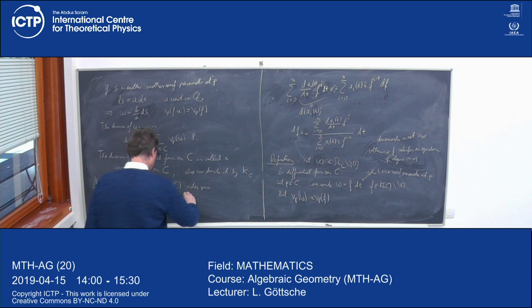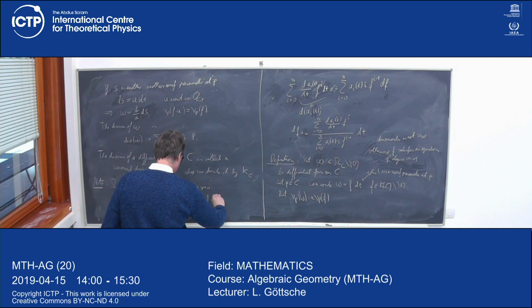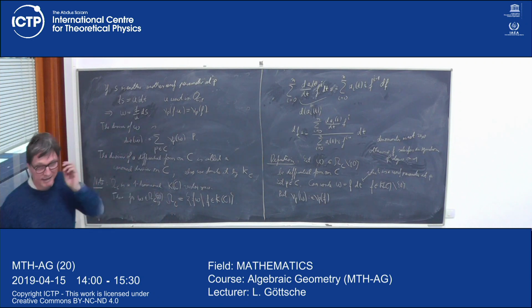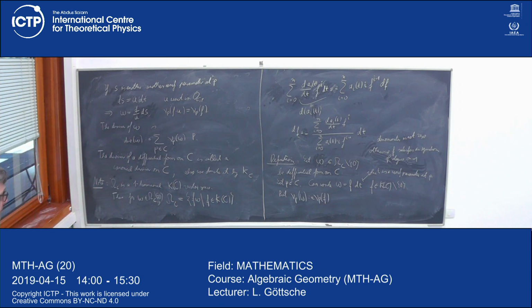So it's the set of all f omega with f in Kc. Obviously, if it's a one-dimensional vector space, any non-zero element will be a basis. So in particular, we needn't have taken any.